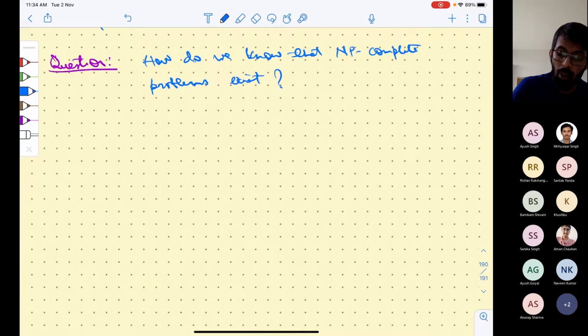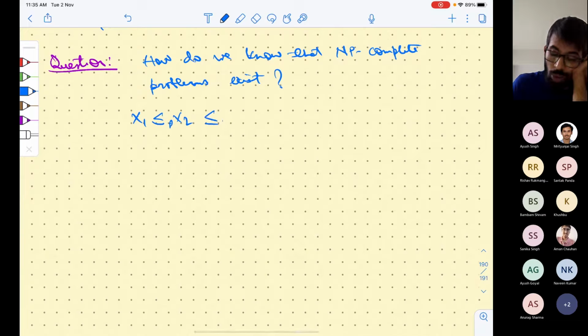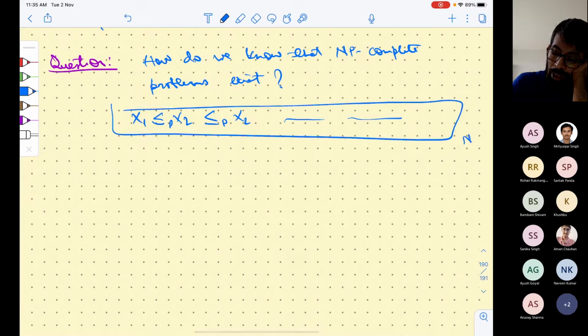Why can't it be that none of them reduce? Suppose you have X1, which is harder than X, X1 reduces to X2, reduces to X3, and so on, and you have an infinite chain. And this is what NP is. Then you won't be able to find any NP complete problem, right?